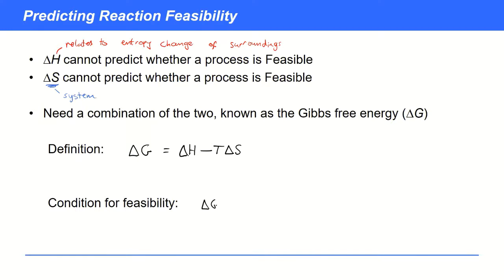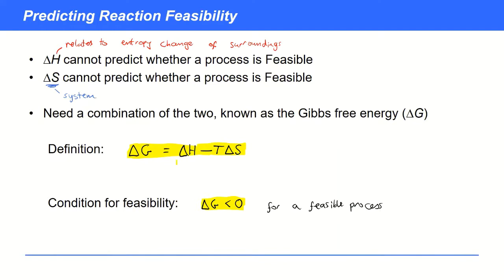If delta G is less than 0, it is a feasible process. So these are really two immensely important ideas to have your head around: this definition of the free energy and this condition for feasibility.